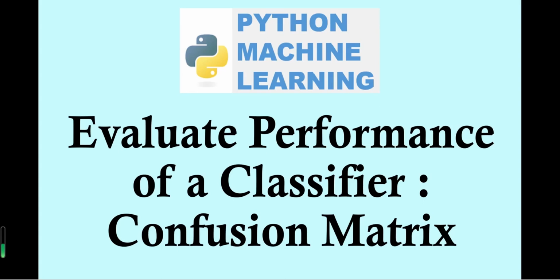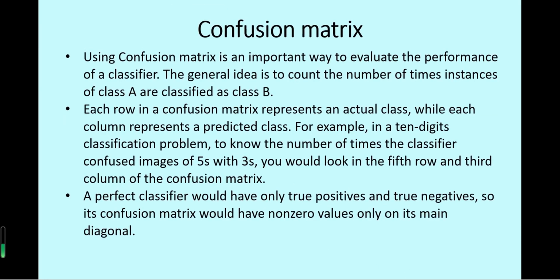In this video, we will talk about evaluating the performance of a classifier in Python using a confusion matrix. When we train a classifier in Python using scikit-learn, there is a performance metric called the confusion matrix, which can be used to evaluate the performance of a classifier.